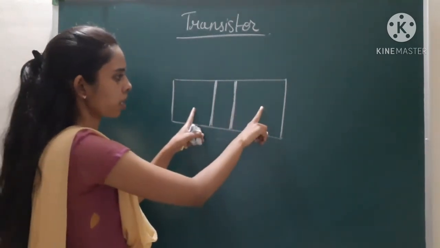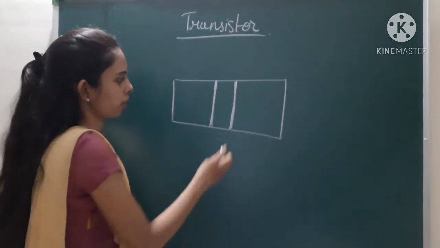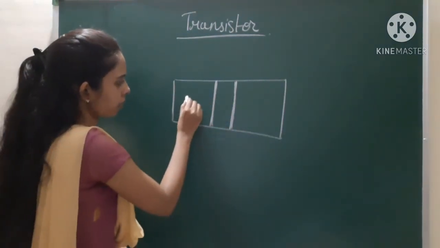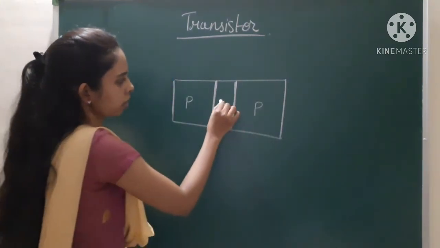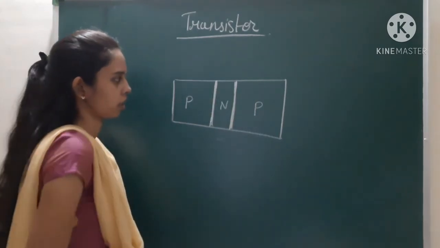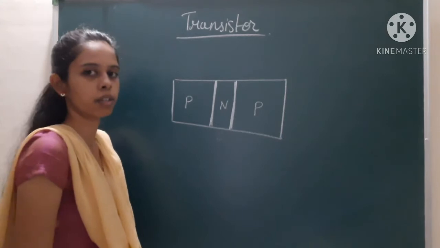These two semiconductors are the same doping, and this one has a different doping. For example, this is a P type region and this is also a P type region. This is the N region, sandwiched between these two same regions.